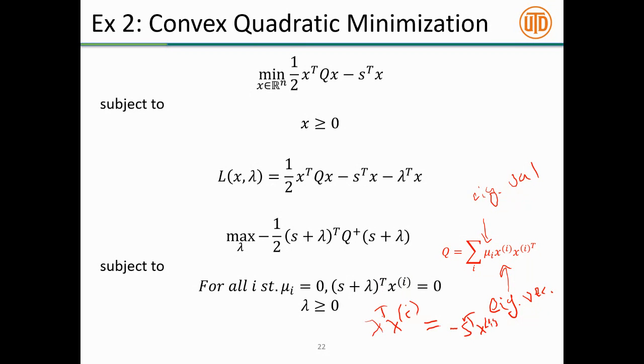So s here is a constant, xi is a constant. This is just a standard linear equality or affine equality constraint on the vector lambda, which of course is convex. So we can put this problem in our standard form then.